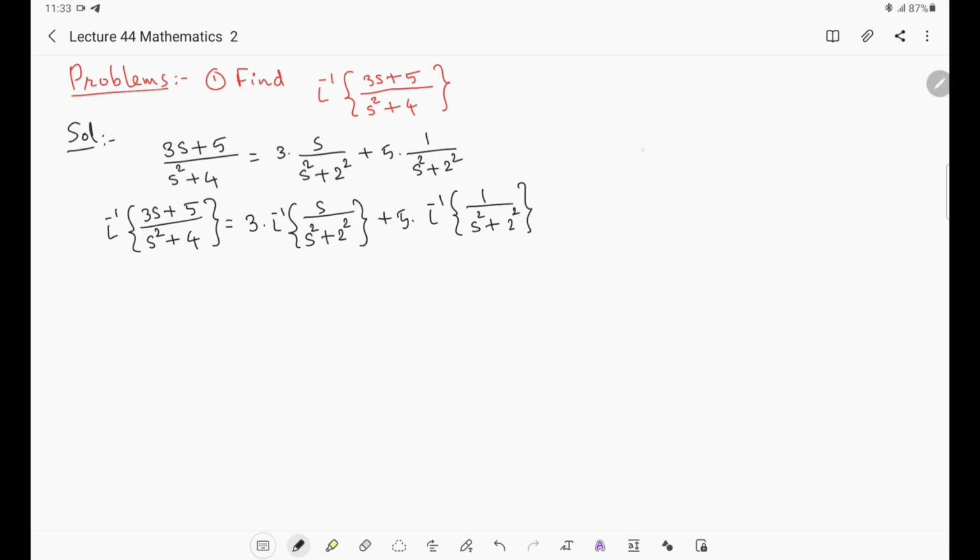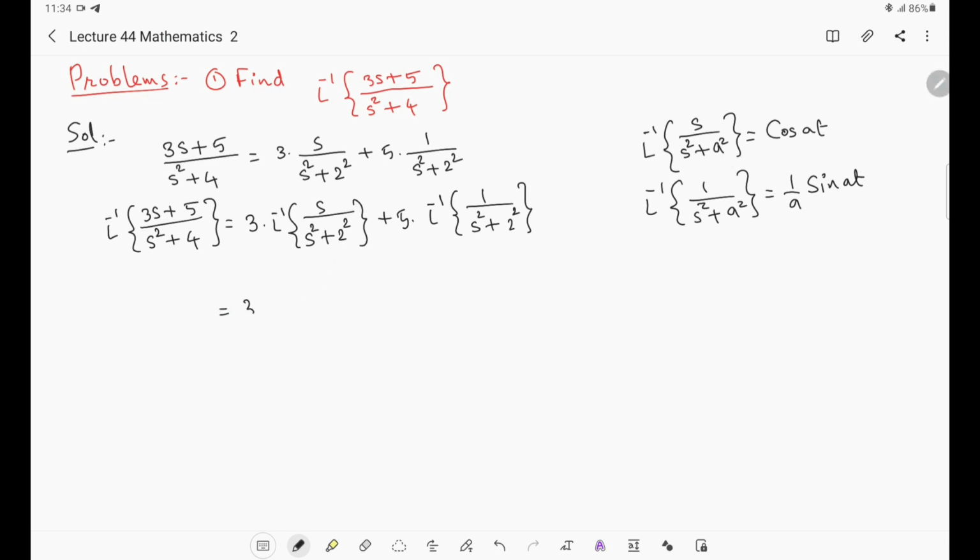Now use the formula. We have just now noted down two formulae: Laplace inverse transform of s by s square plus a square is given by cos at, and Laplace inverse transform of 1 by s square plus a square is given by 1 by a sin at. In place of a we are having 2.